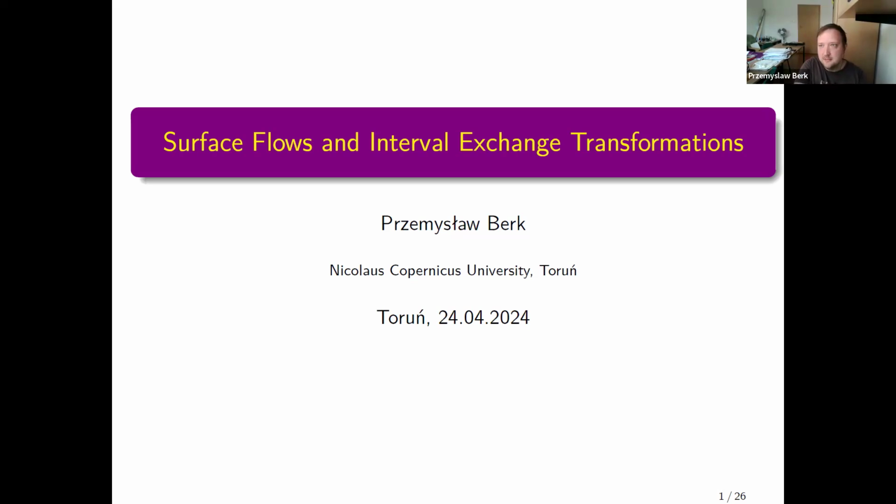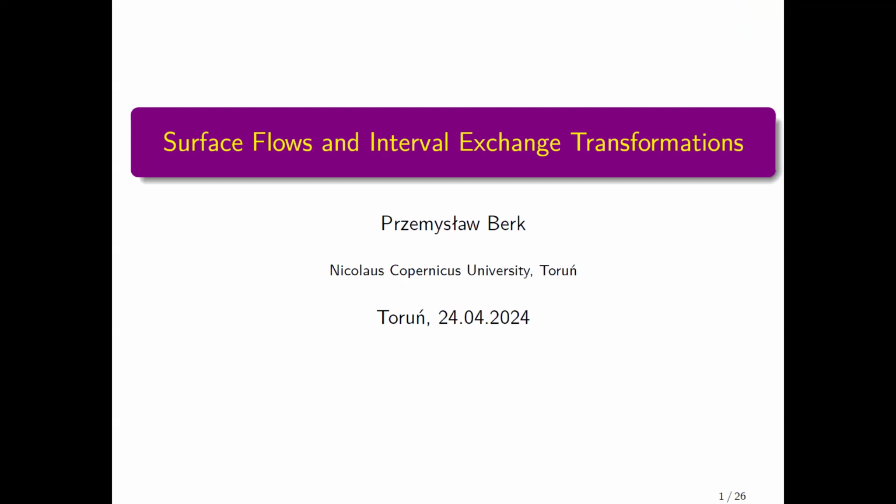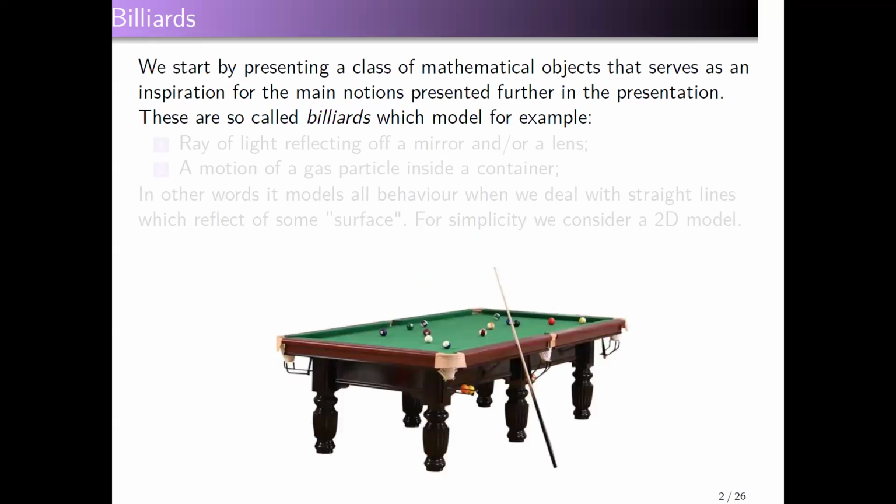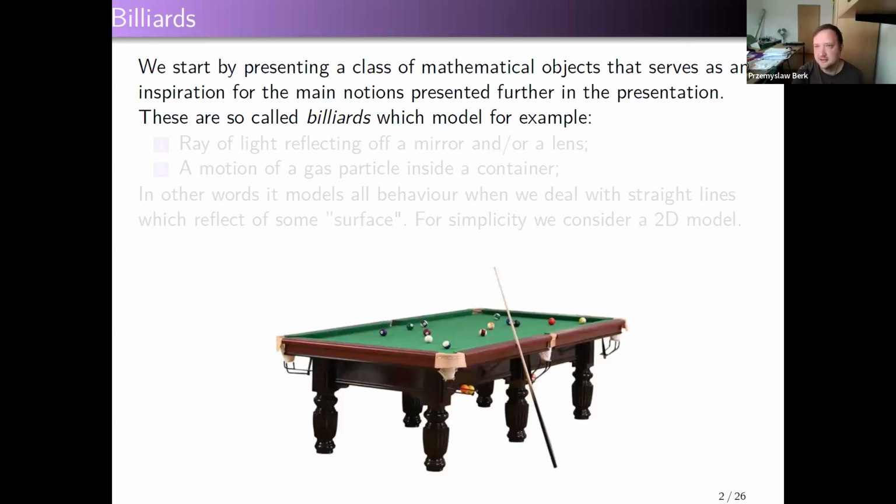So that being said, I would like to start by introducing one of the simplest dynamical systems that I have in mind, that is usually introduced as one of the first examples. So I'm talking about the billiard system, right? So you can see a billiard. So what is a billiard?